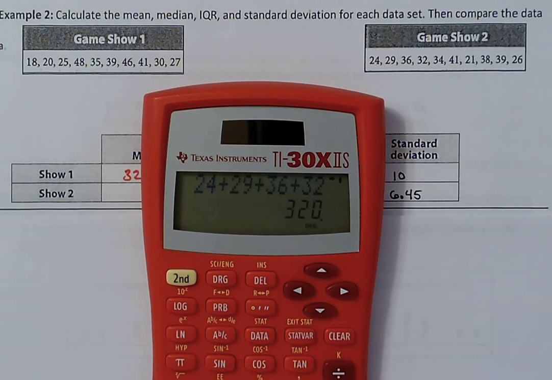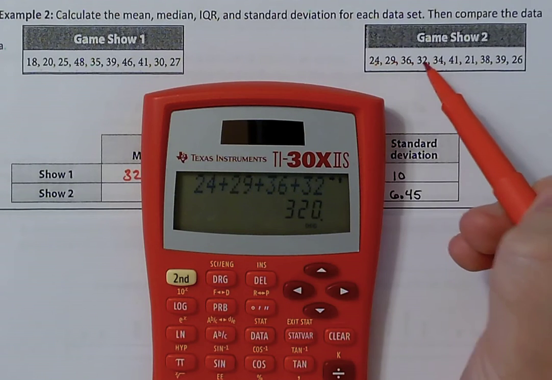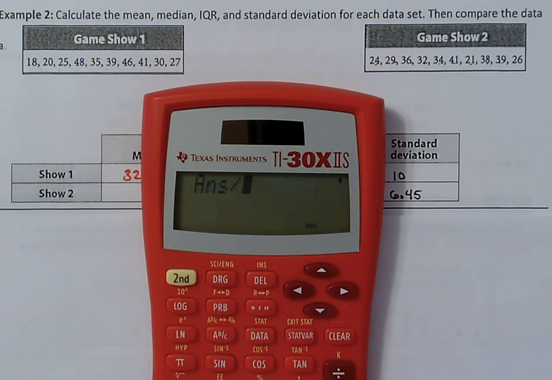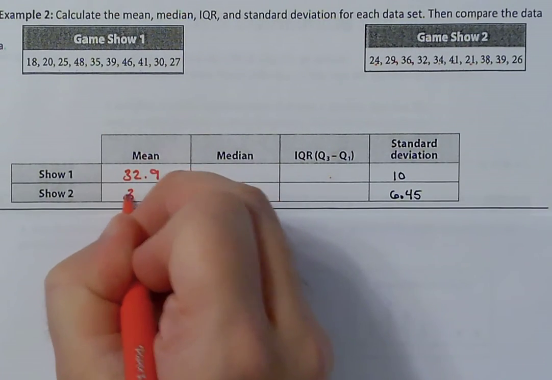We end up with 320. And we have 1, 2, 3, 4, 5, 6, 7, 8, 9, 10. So we're going to divide that by 10, and we end up with a mean of 32.